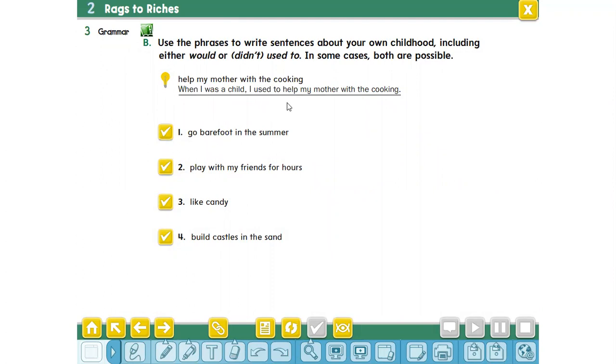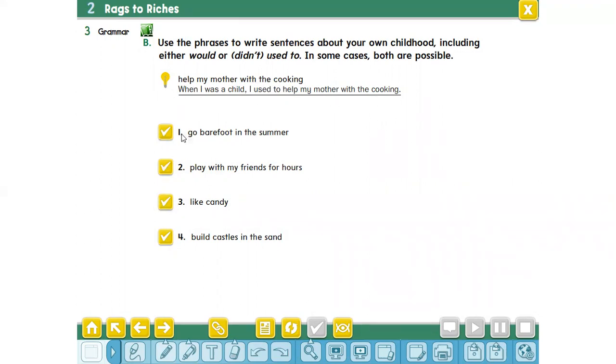Okay, it's an open answer. It depends on your answer or on your choice. For example, help my mother with the cooking. I can say when I was a child, I used to help my mother with the cooking. Okay? You should help your mother.